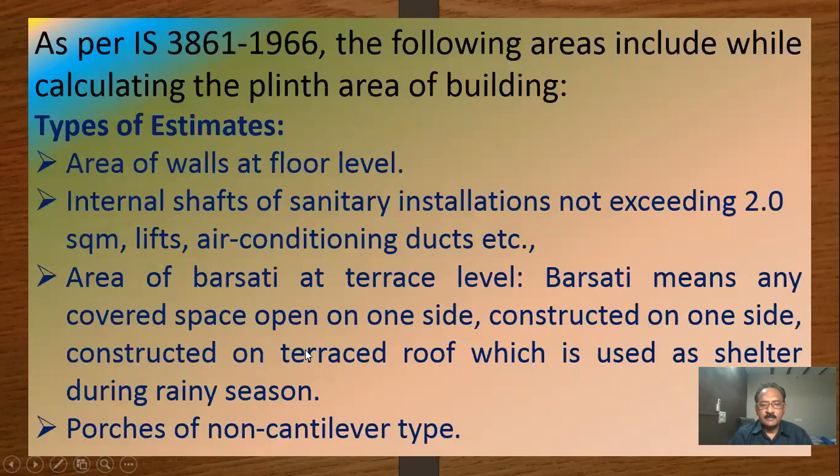One side open. Porches of non-cantilever type: suppose columns are there and slab is there. These we have to consider in the plinth area method. These are very important points while you are calculating plinth area.